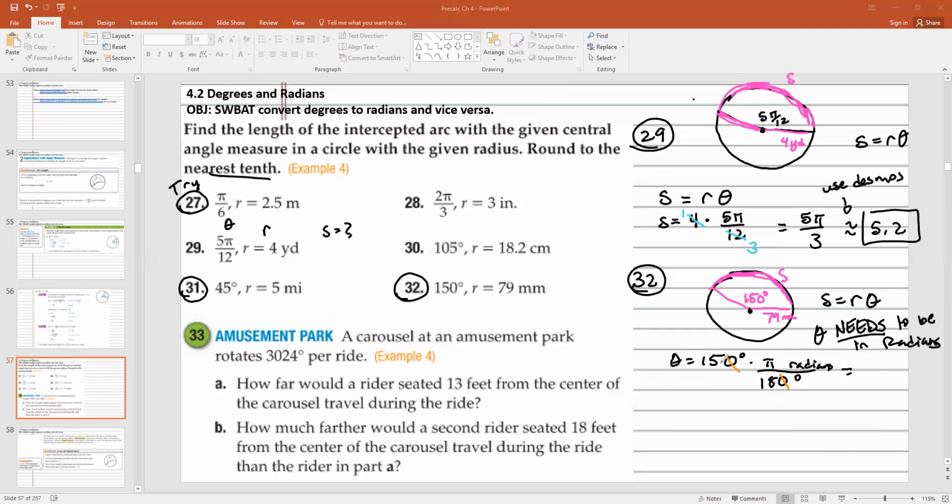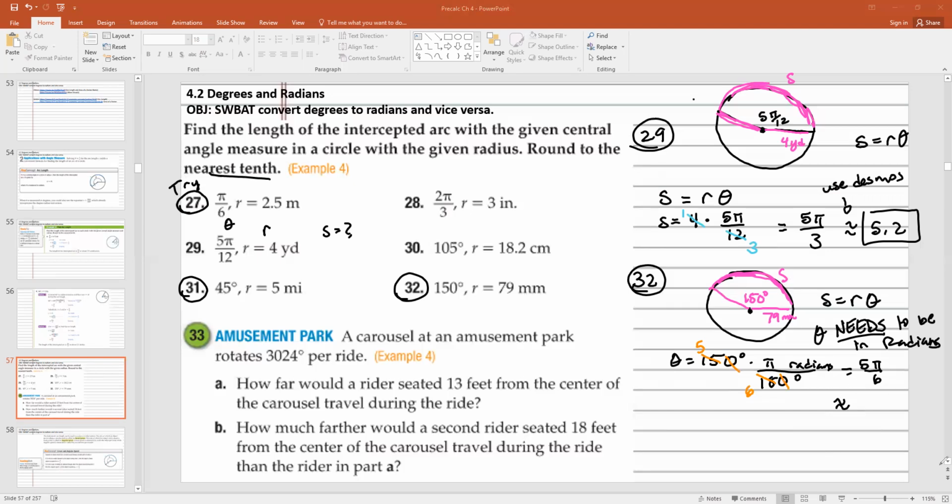I would say 3. 3 goes into 15 five times, and 3 goes into 18 six times. So we're left with 5 pi over 6. If you don't want to simplify, you can just use Desmos to do 150 pi over 180, and it's still going to work out. It's the same thing.